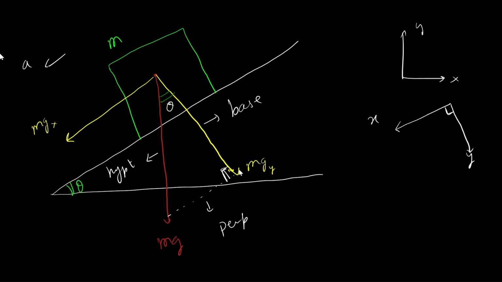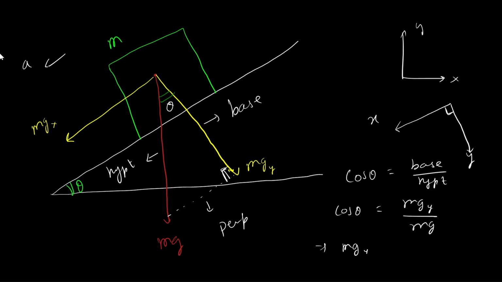Now, if we go on to resolve mgy, we can see that mgy lies along the base, and therefore I should use cos theta. Now, cos theta is equal to base upon hypotenuse, which in this case becomes mgy upon the hypotenuse mg. This implies mgy equals mg cos theta.